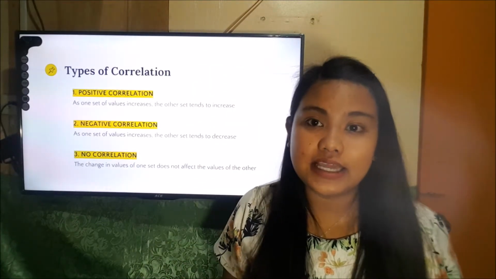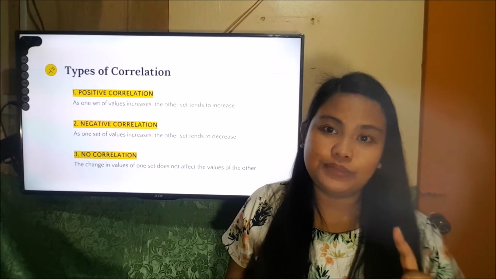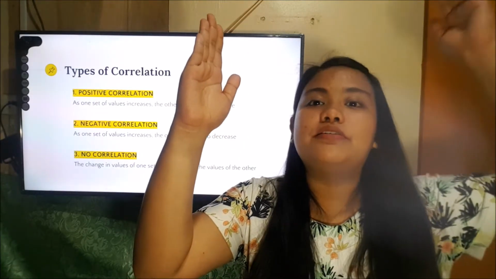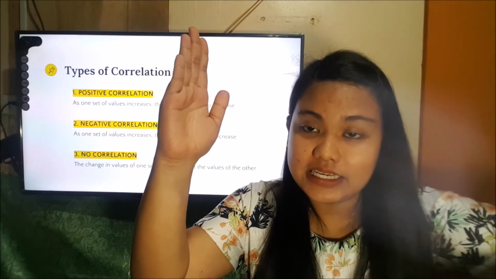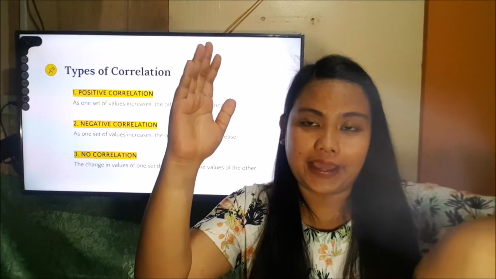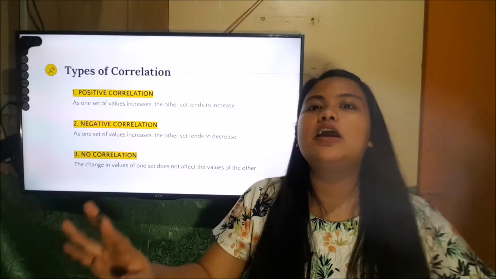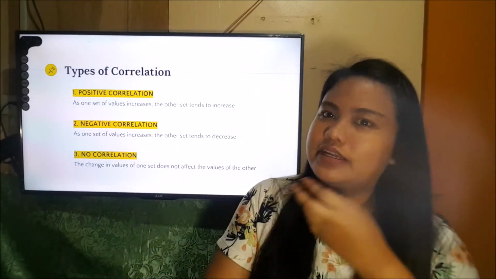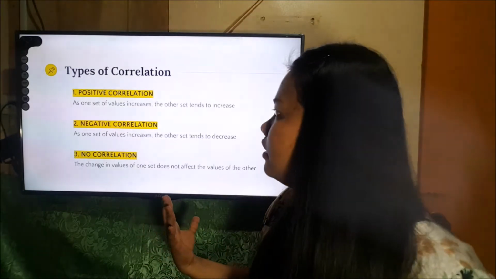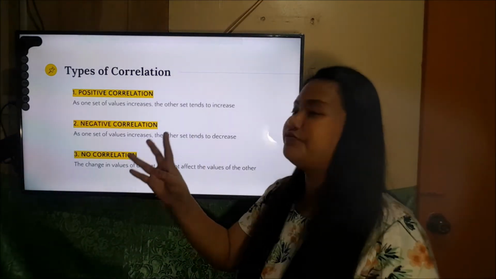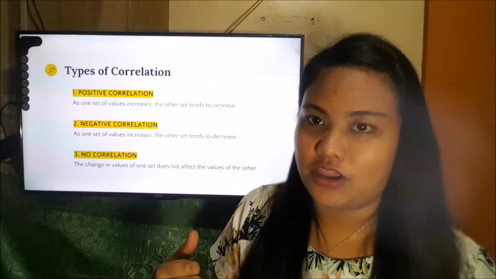Now, if we have a negative correlation, that means that as values in variable A increase, the values in variable B decrease. And if there's no correlation between the variables, we cannot actually say what the relationship is between the two variables. The change in values of one set does not affect the values of the other.